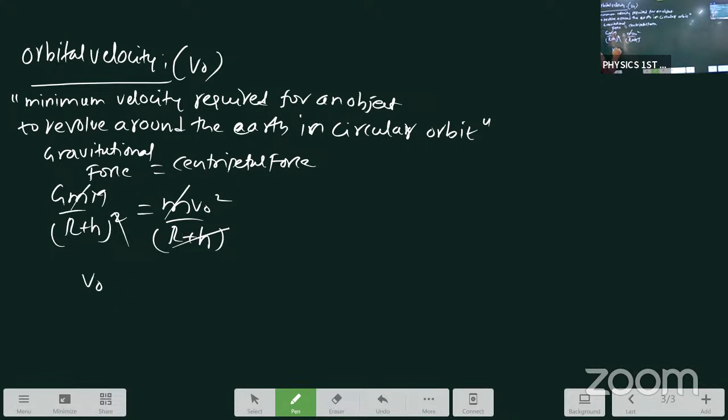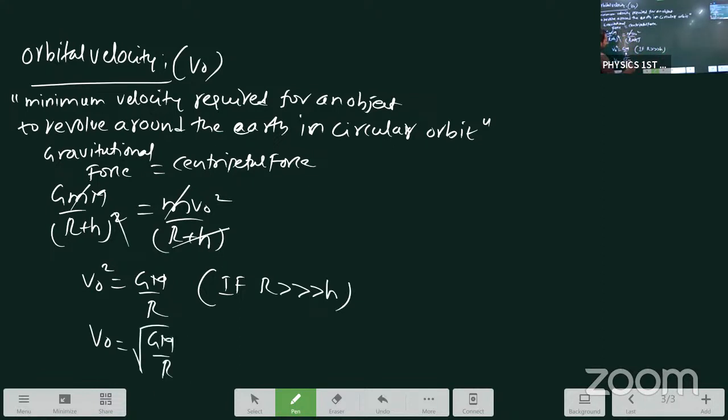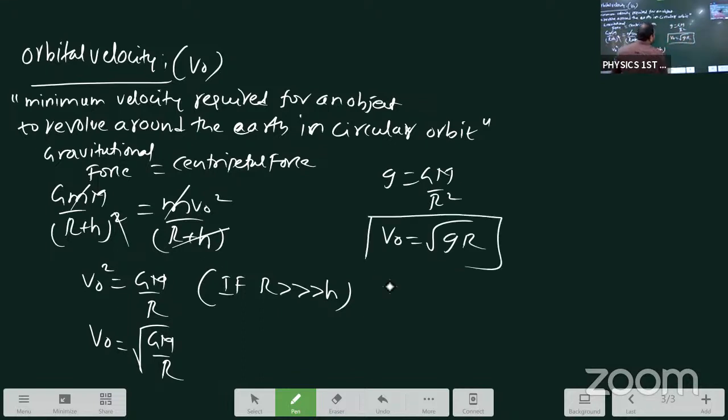V0 squared equals GM by r. If r is very much greater than h, obviously the h value is neglected. V0 equals root of GM by r. Now one more: small g equals GM by r squared. From this, in the step we write V0 equals root of gR. This answer is 100% the same as the previous answer.